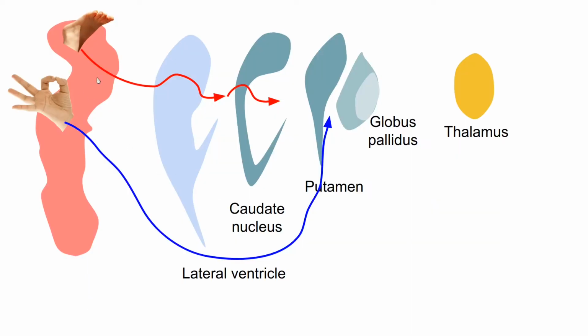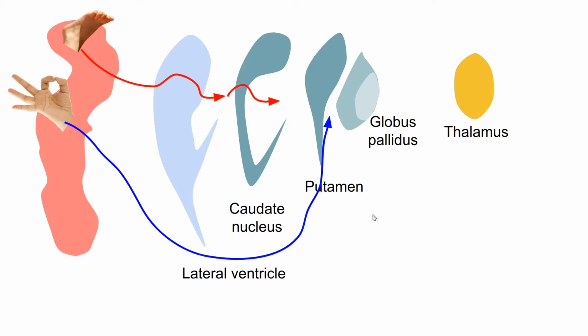Here, demonstrating for you the obstacle course for the leg fibers on their way to the posterior limb of the internal capsule, between the putamen, globus pallidus, and the thalamus.